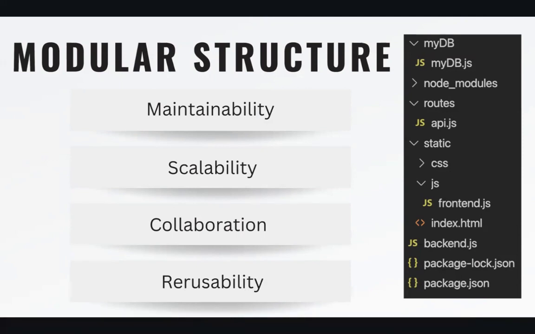Second is scalability. As our application grows, we can add more files and directories without restructuring everything. Third is collaboration. Multiple developers can work on different modules without messing up others' code. And finally, reusability. Modules can potentially be reused in other projects or shared with the community.